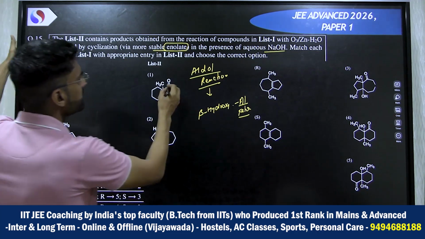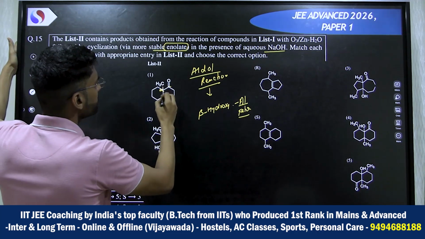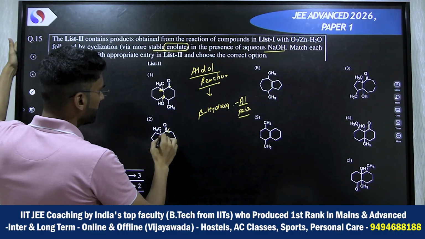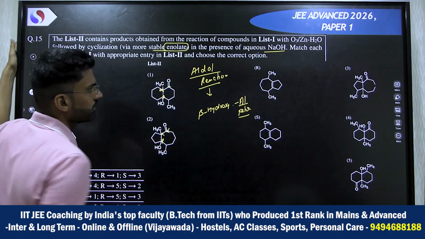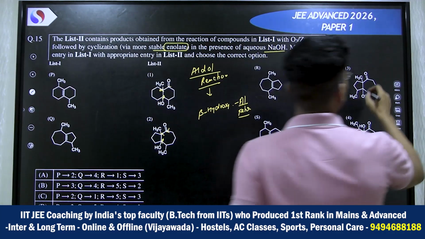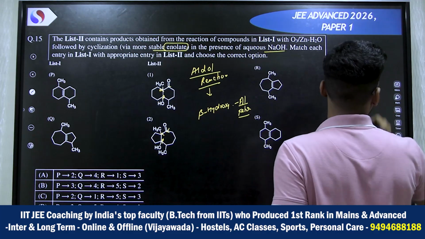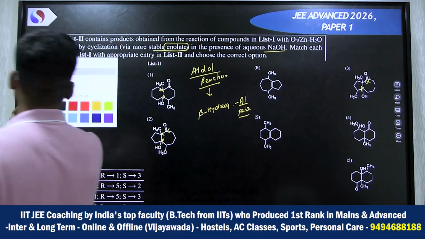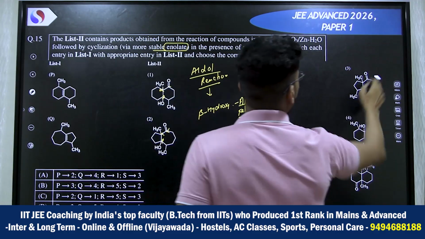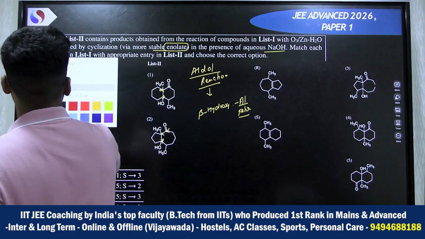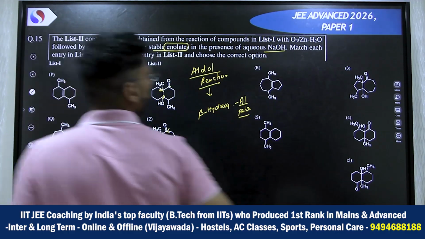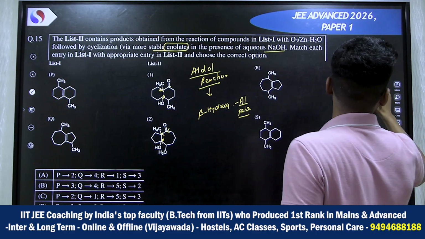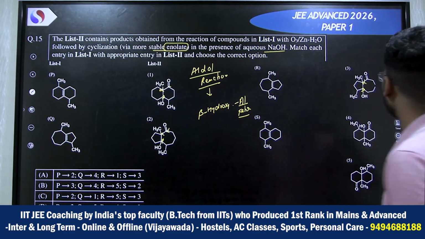So you can see this is a keto, this is alpha, this is beta. One second, let me erase this and write it down once again. So this is the alpha position, this is beta. Yes, it is beta hydroxy.